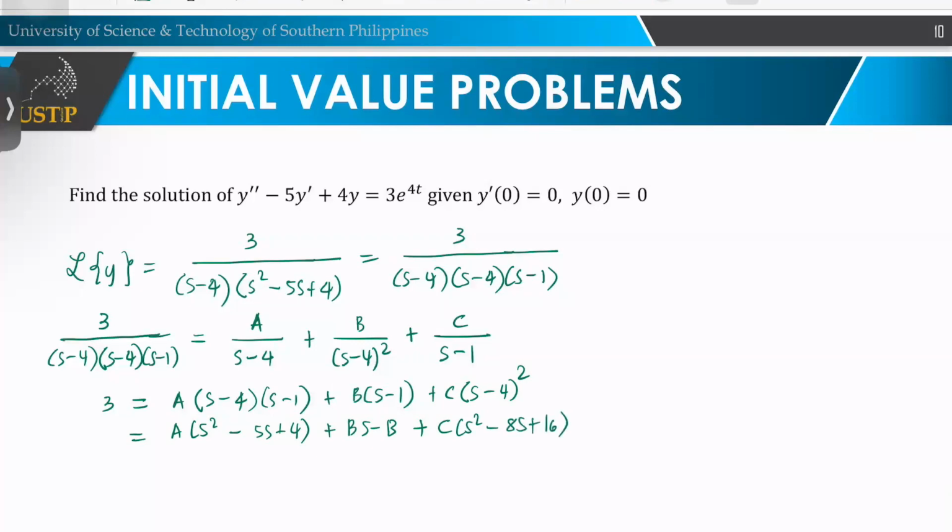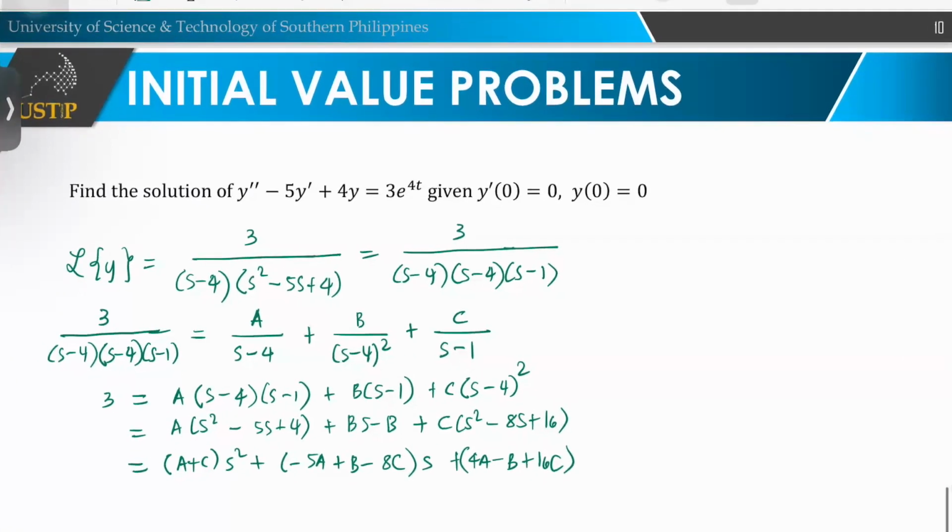Okay, so ipang-group na to ang like terms, that is A plus C times s squared, plus minus 5A plus B minus 8C, multiplied by s, plus 4A minus B plus 16C.